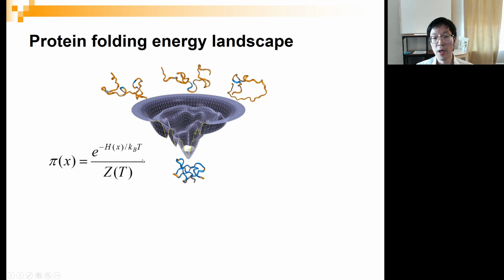Z_T below is simply the normalizing constant, which is what allows this to be a proper density function. We get that by summing over all the states, such that it normalizes this probability distribution. Of course, in practice, this conformational space is extremely large, and so there's no hope of computing this normalizing constant Z_T, or even enumerating the space of possible conformations.